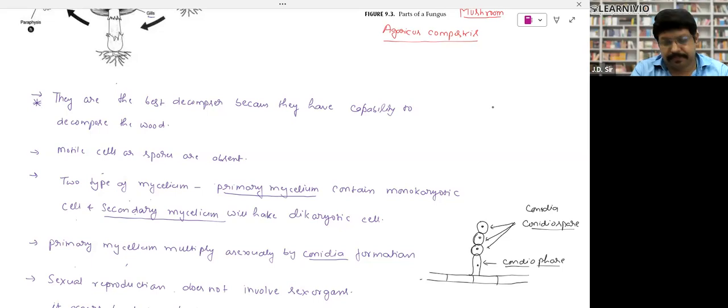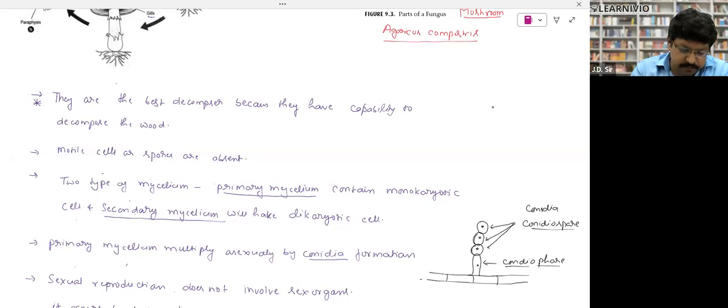Basidiomycetes are considered the best decomposers of the world.